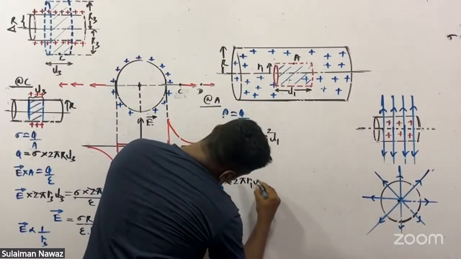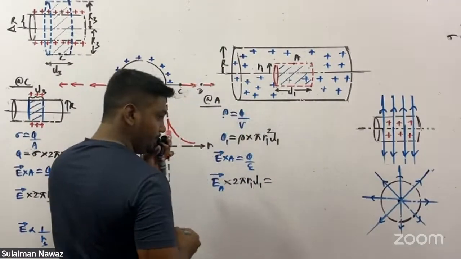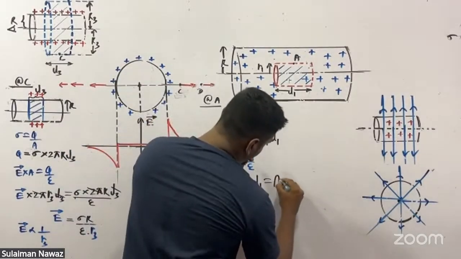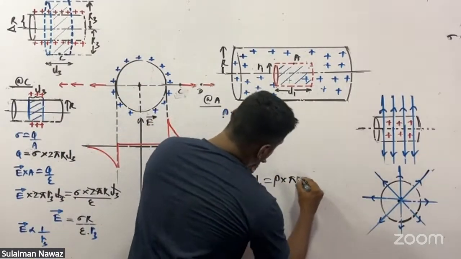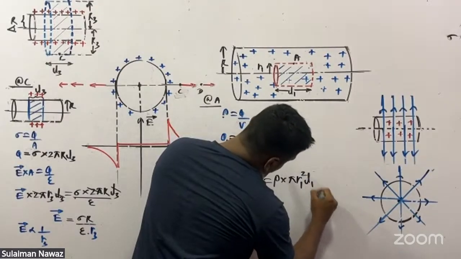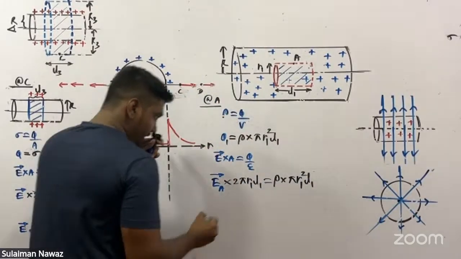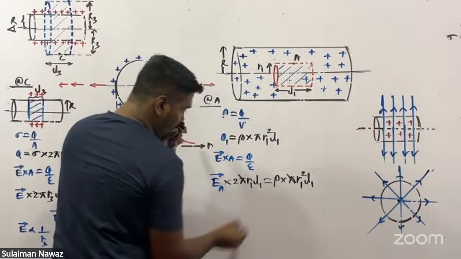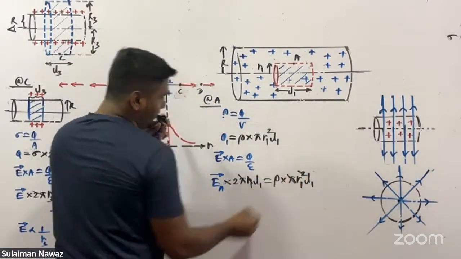2 pi R1 L1 must be equal to total charge, which is rho into pi R1 squared L1. Here pi and pi cancel out, R1 cancels out.